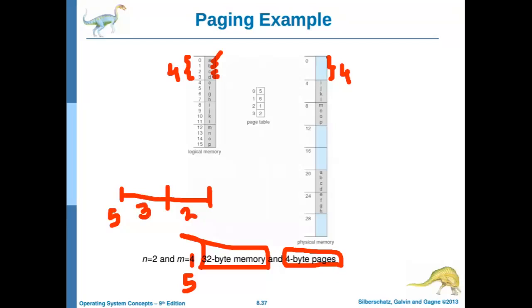So definitely 2 raised to 3 will be the number of pages, that is 8, and 2 raised to 2 will be the page size, and 2 raised to 5 will be the total memory. So in the diagram, just one wrong thing is there. They have written M is equal to 4. It should be M is equal to 5, not 4.